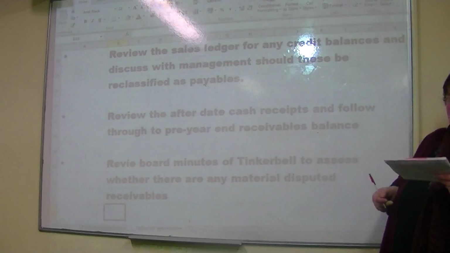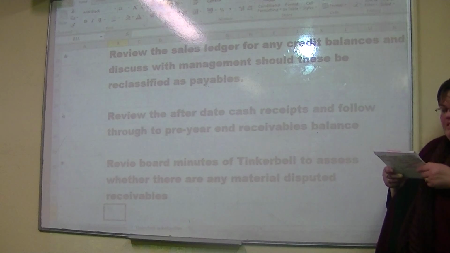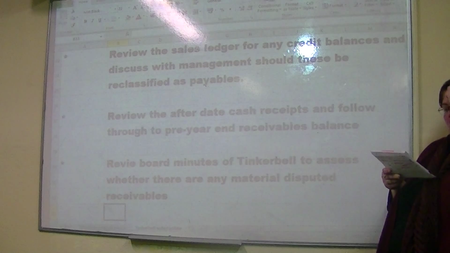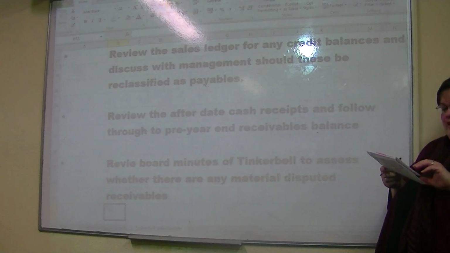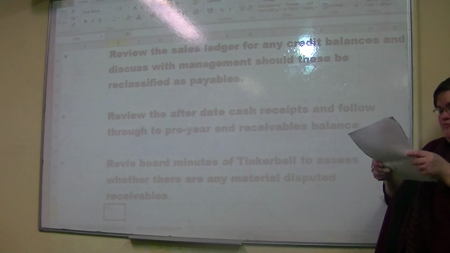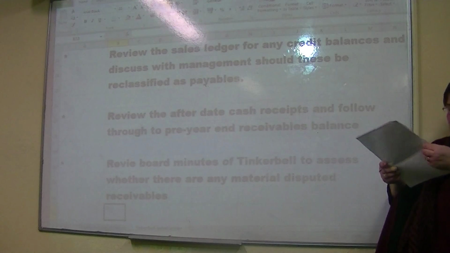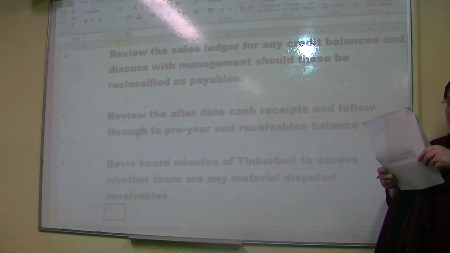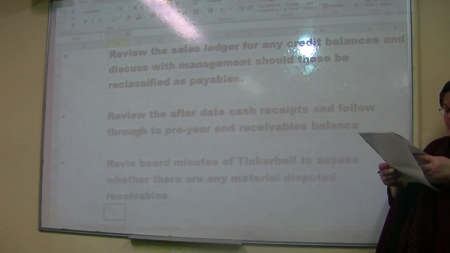Okay, if you look at part D there, describe the substantive procedures the auditor should perform to confirm Tinkerbell's revenue. Okay, thinking about revenue, thinking about their sales, and this is looking at the profit and loss assertions.